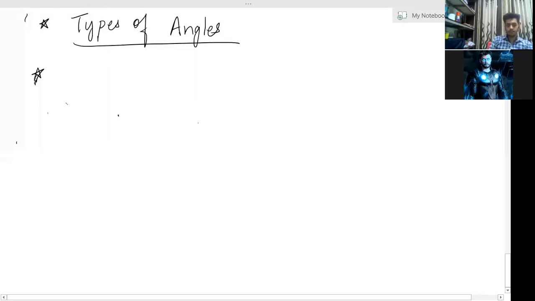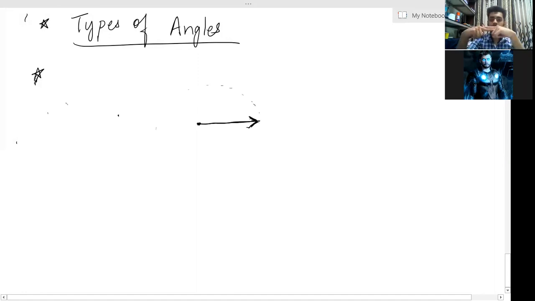So first type I want to ask you. Suppose this is my ray, okay? Now I'm going to rotate this ray completely till it becomes opposite direction.